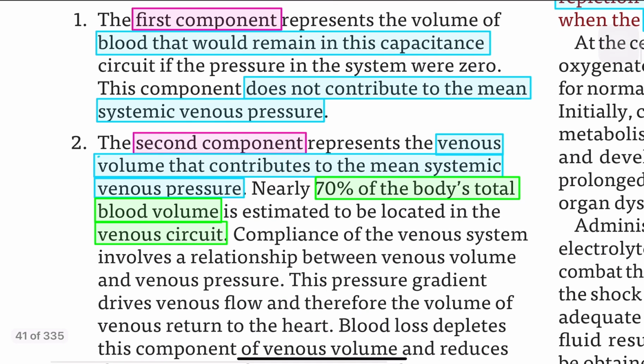The second component is venous volume that contributes to the mean systemic venous pressure. Nearly 70% of the total blood volume is located in the venous circuit. This line is important.